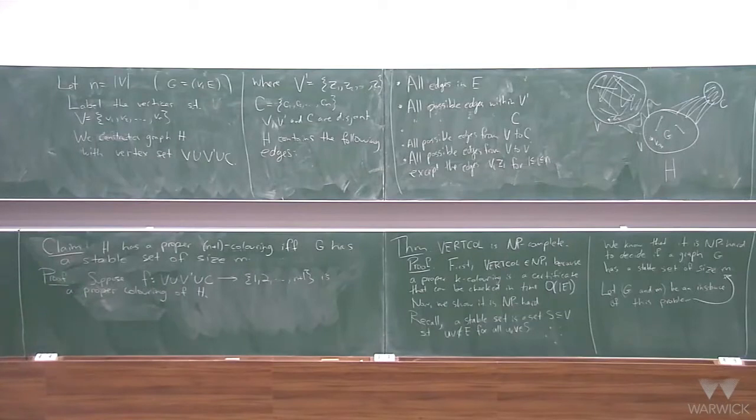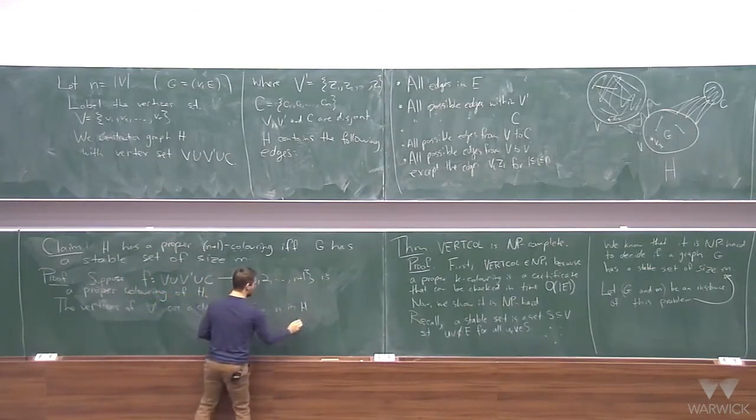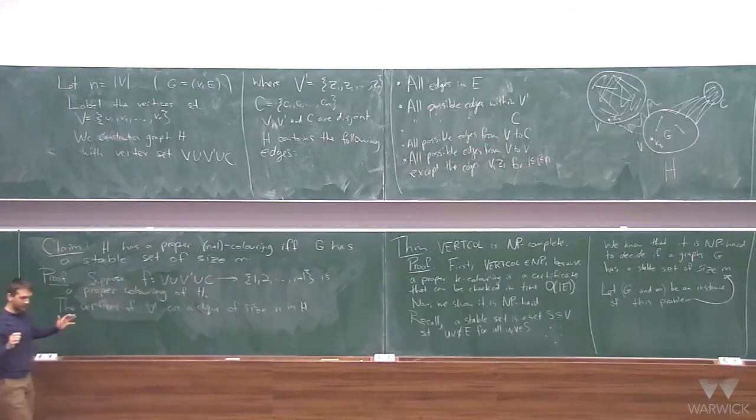Okay, so what we want to do now is show that there's a stable set in G of size m. So the vertices of V prime are a clique. Clique means they're all joined with edges, of size n in H, right? This is just by construction.